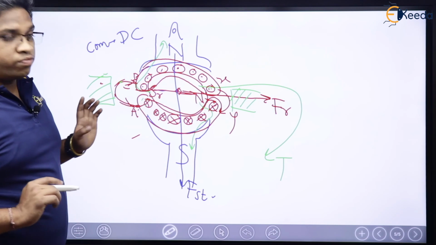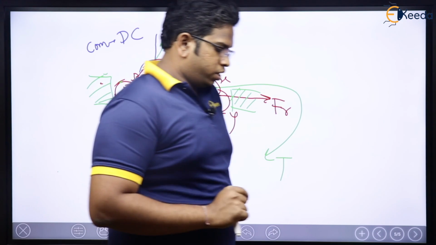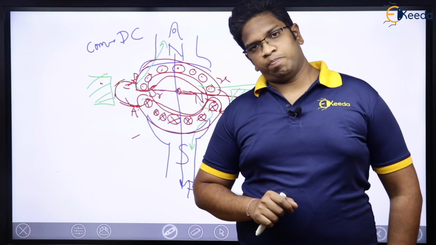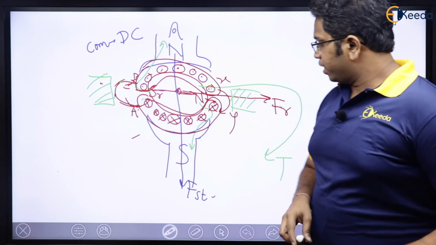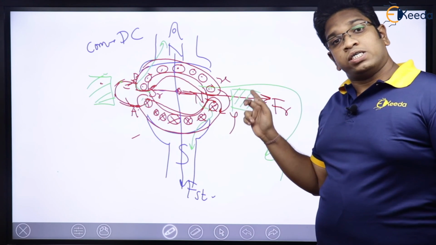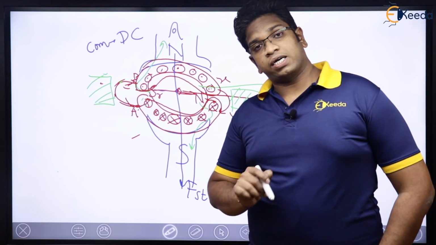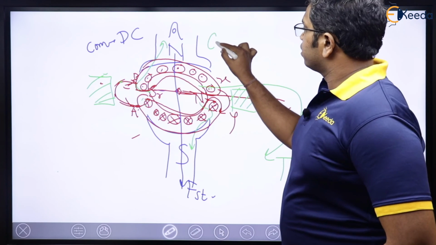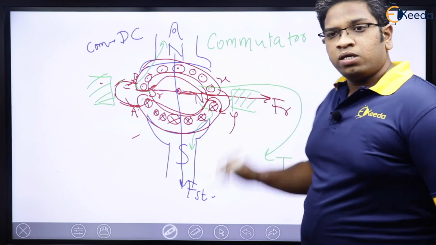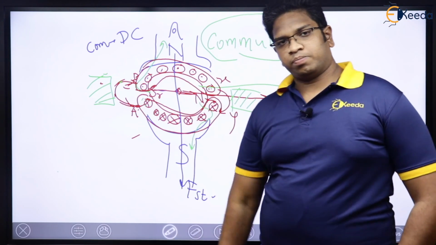But for the time being, this is what happens because of a commutator, which means the first and foremost important function of the commutator is to maintain the stator MMF and the rotor MMF stationary with respect to each other, displaced by some angle. That condition is satisfied by the commutator. Remember this name, commutator. We will be talking about this commutator in DC machine. Thank you.